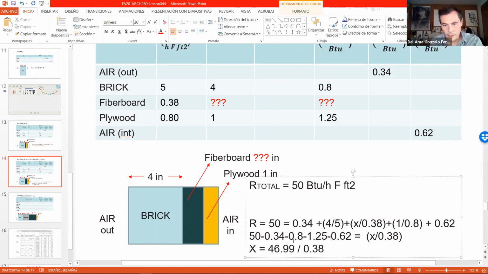No, sorry, multiplied by 0.38. This is 17.85 inches.